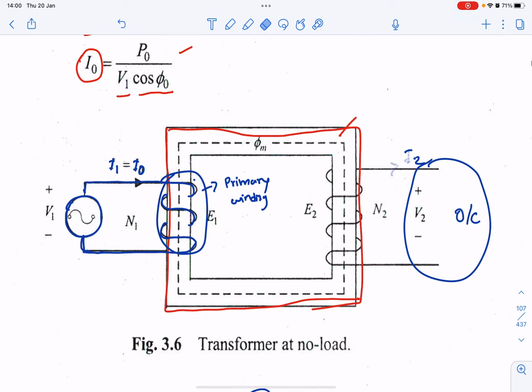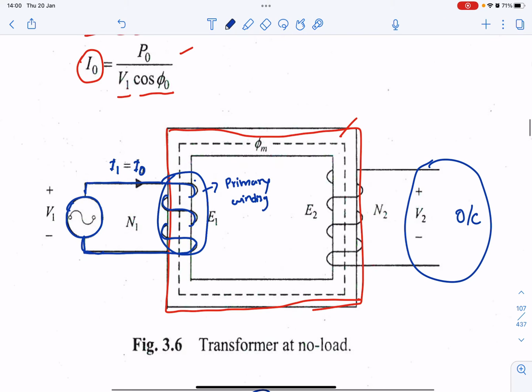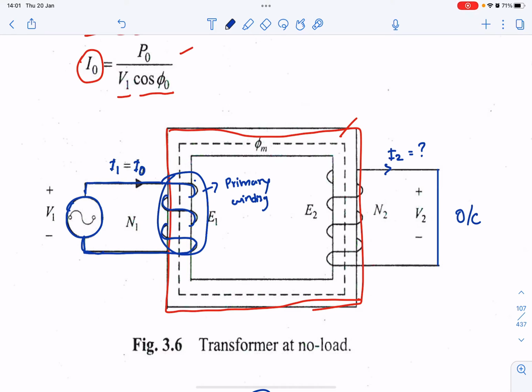So do we have current I2 here? Do we have current? If you understand the basic knowledge of electrical circuits, when you do not complete the circuit, there will be no current flowing in this area.